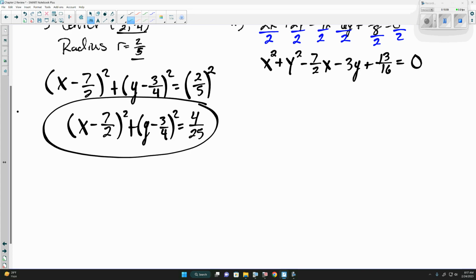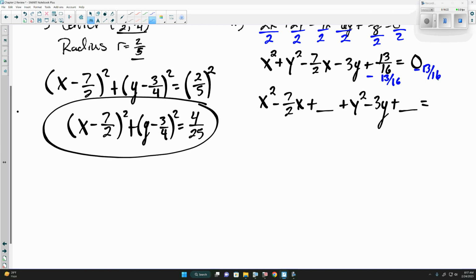Now our next step is to kind of reorient this. So we're going to do a few things. One, to move this over here. I'm going to also move the y's together. Also, subtract this from both sides.